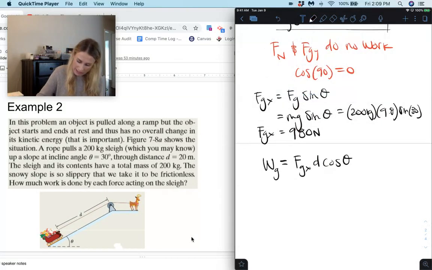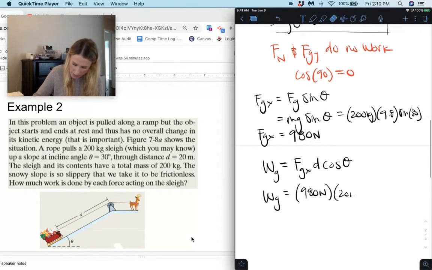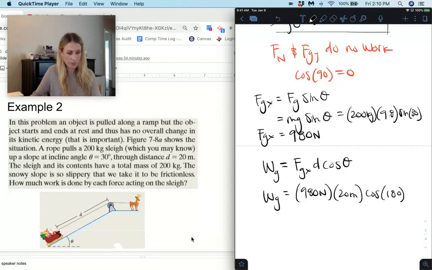So when we're plugging in numbers, we get the work done by the force of gravity is equal to 980 newtons times the displacement, which is 20 meters, times the cosine of 180. Now the cosine of 180 is just negative 1, which makes sense because the force of gravity is acting opposite the displacement.